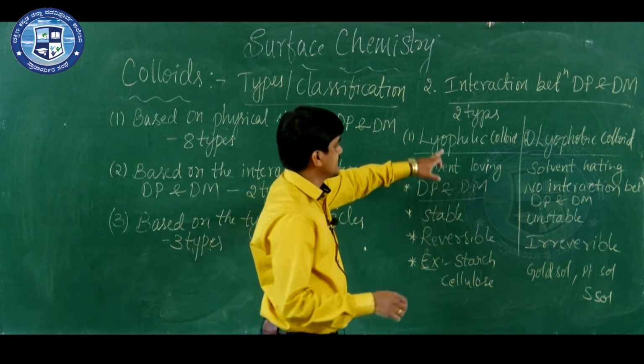So, this is the second way of classification of colloids, based on the interaction between dispersion phase and dispersion medium. There are two types, lyophilic and lyophobic. Followed all of you? Next we will move on to the third way of classification.